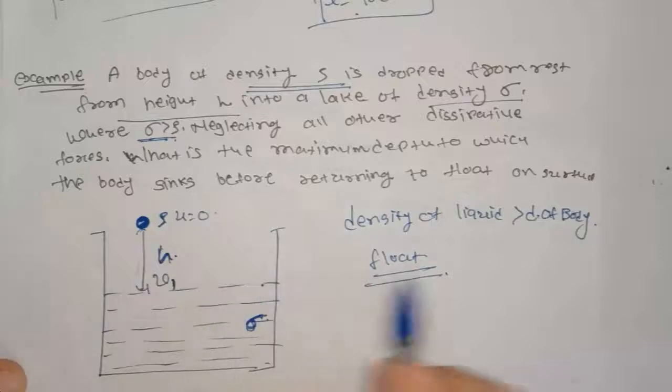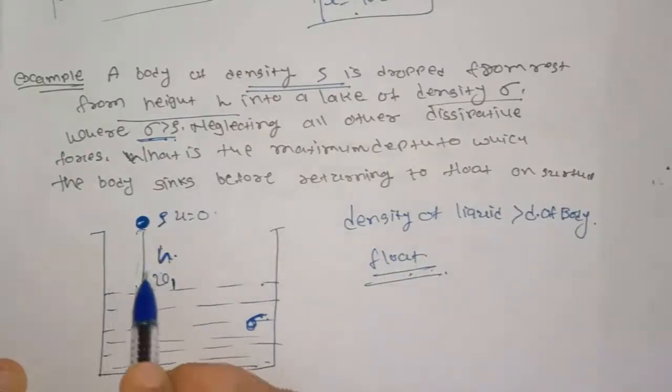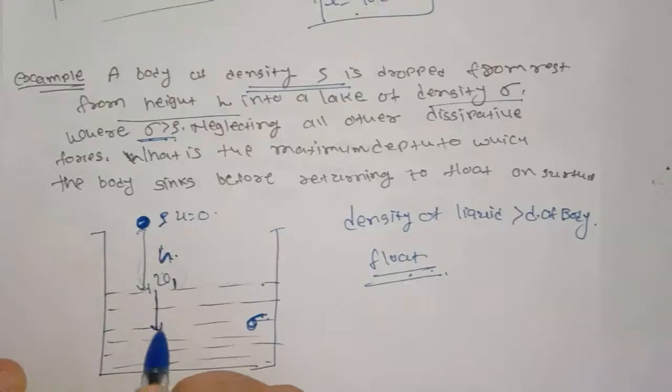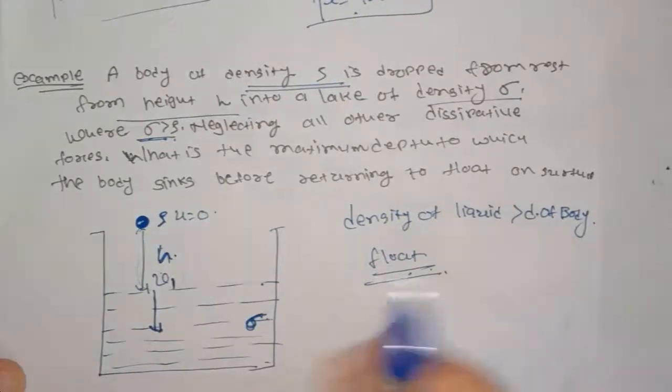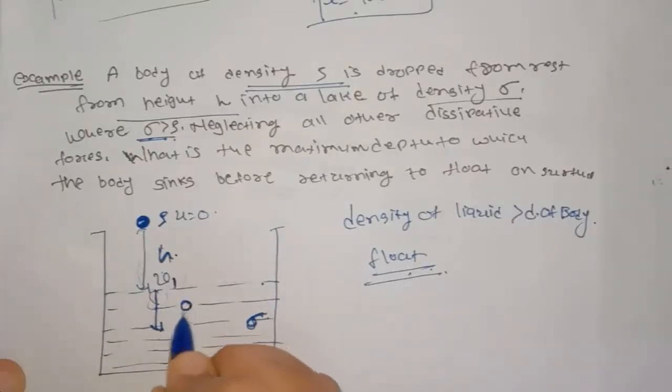The actual tendency of the body is to float, but due to this additional kinetic energy, it will try to penetrate and it will move further downward in the fluid. Once it enters inside the fluid, there will be two forces acting on the object.